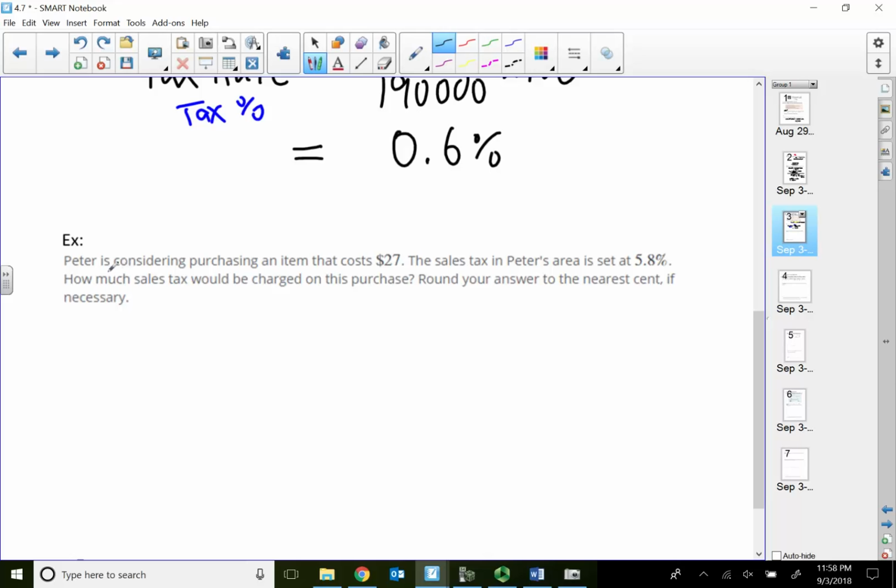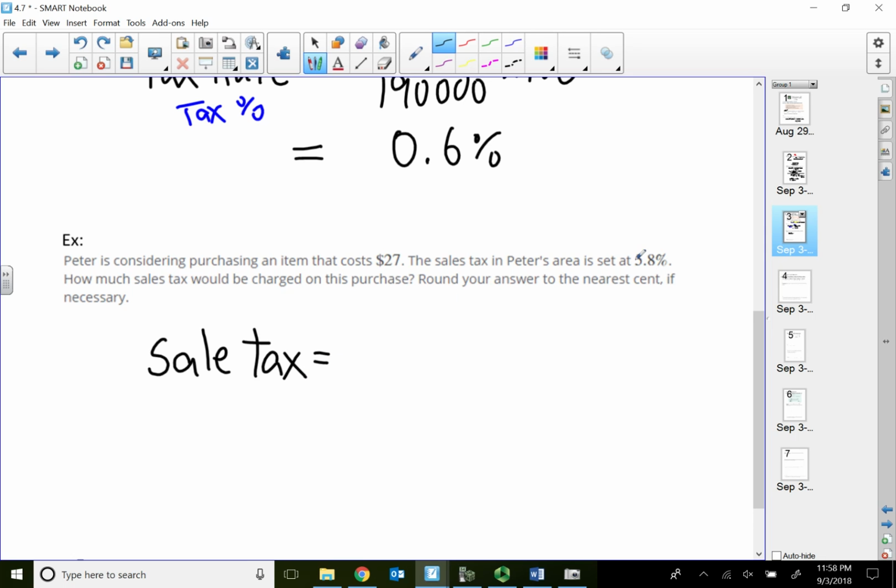Peter is considering purchasing an item that costs $27. The sales tax in Peter's area is set at 5.8%. How much sales tax will be charged on this purchase? This problem is looking for sales tax, which is a part of what we purchase.